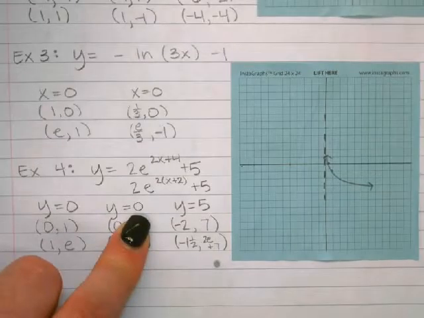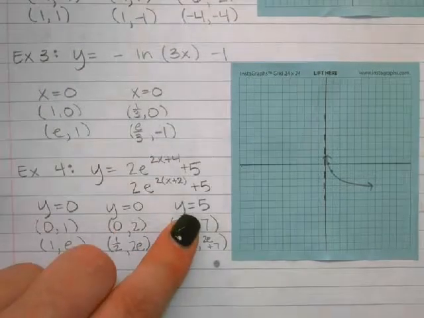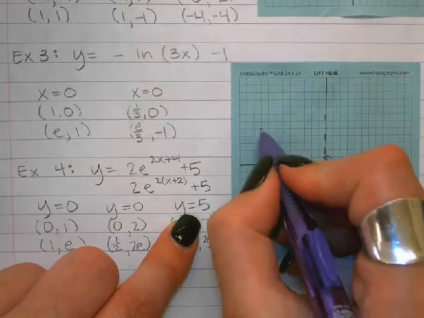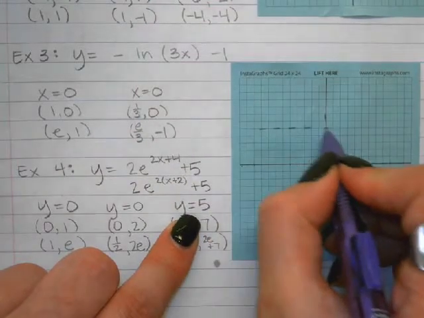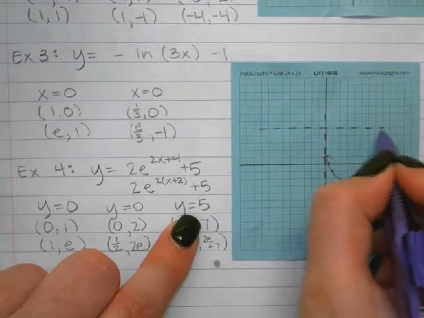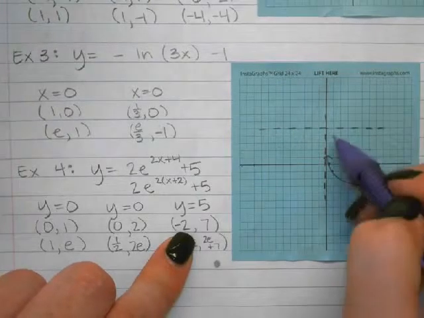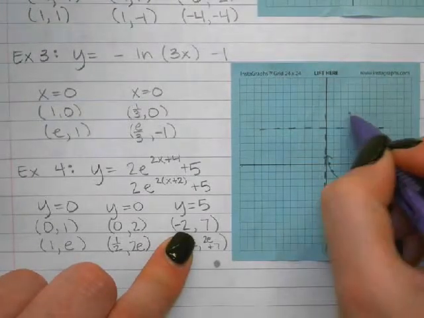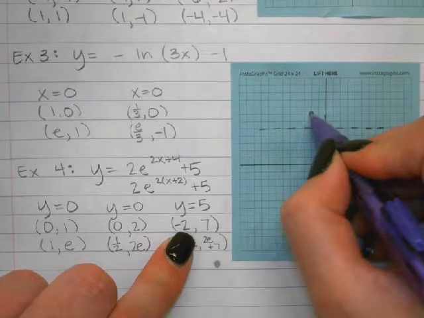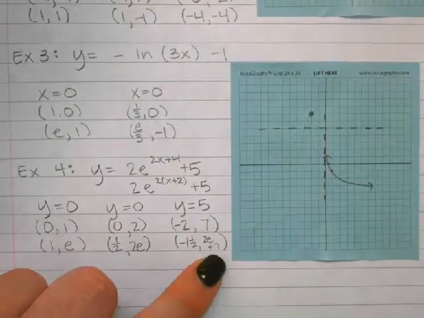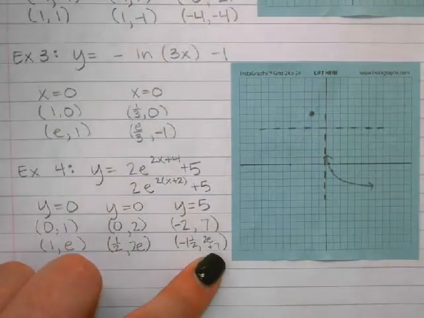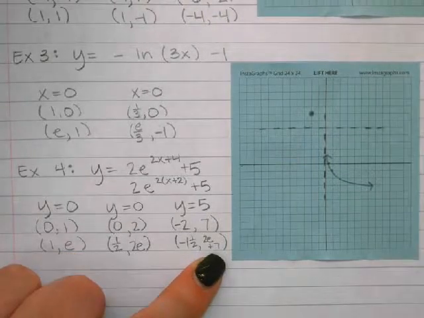Okay, so let me go ahead and graph that horizontal asymptote at 5. And then I have the point (-2, 7), and then (-1.5, ...). And then I have to think about what 2e plus 7 would have been.